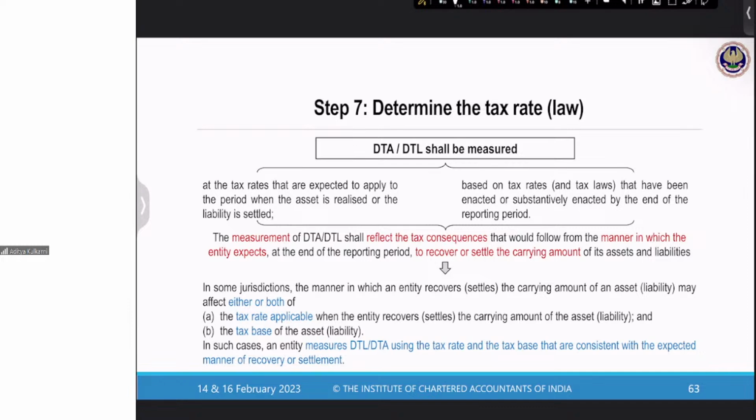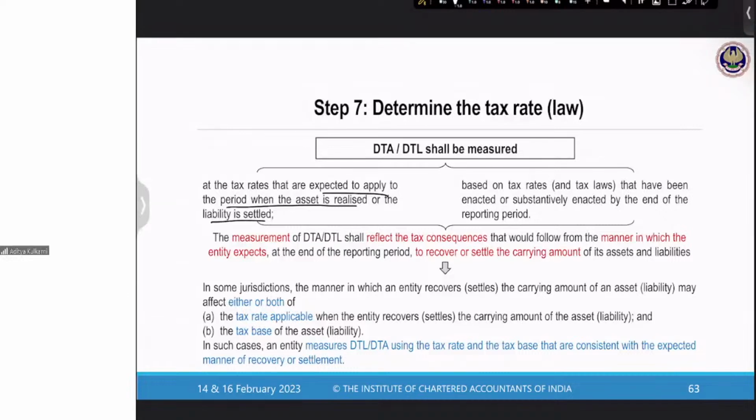So it is the tax rate expected to apply when the asset is realized or the liability is settled. But suppose some of my differences are going to happen after 5 or 6 years. I cannot predict. Neither am I a finance minister, I am not that fortunate yet, nor am I an astrologer who can look into the future and see the rate.